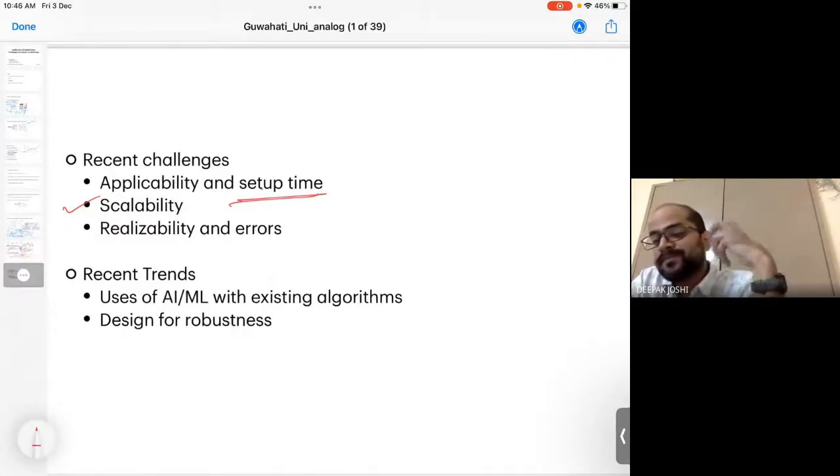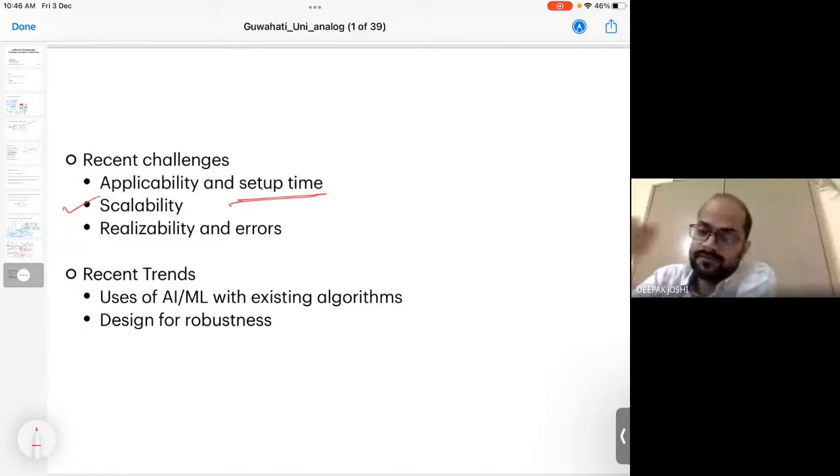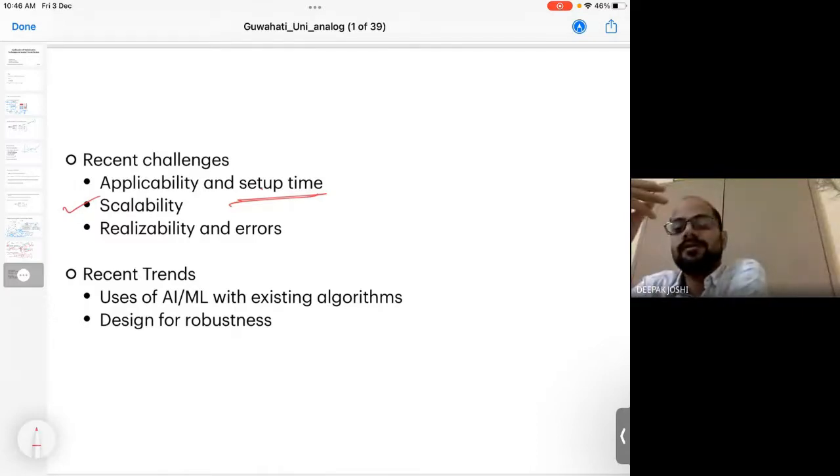Those larger numbers of variables should be tackled by the algorithm in the same way as when the number of variables was smaller. That is the question here, because if we take more variables, sometimes the algorithm may not converge.